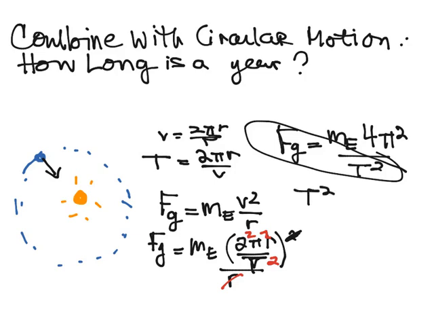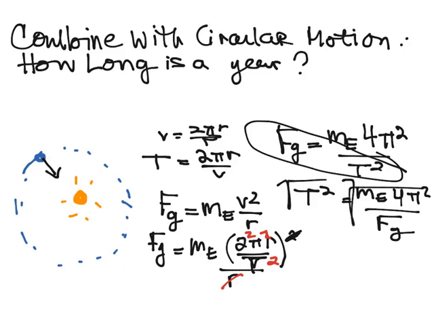I have t squared equals m Earth times 4 pi squared over Fg, and my final step is to take the square root. Okay, I want you to take the square root, and you end up with t is equal to 2 pi times the square root of the mass of the Earth divided by Fg.